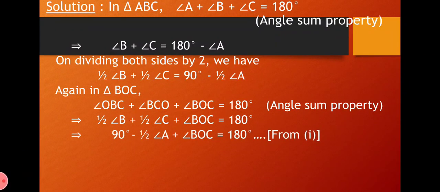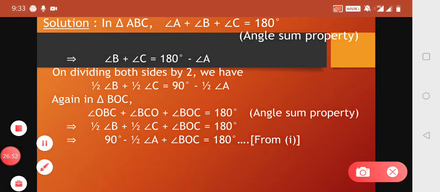Further solving, we get 90 degree minus half angle A plus angle BOC equal to 180 degree. Now this 90 degree minus half angle A we are getting from number 1. This is your number 1.